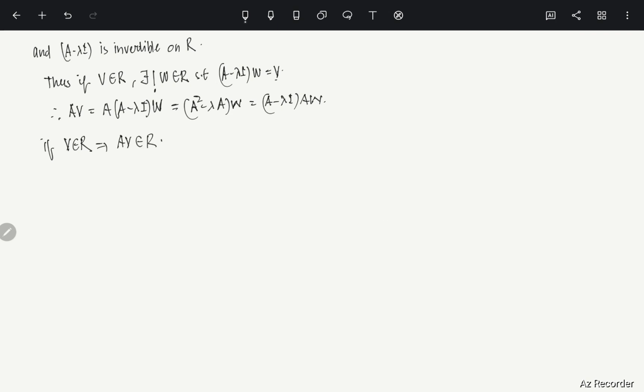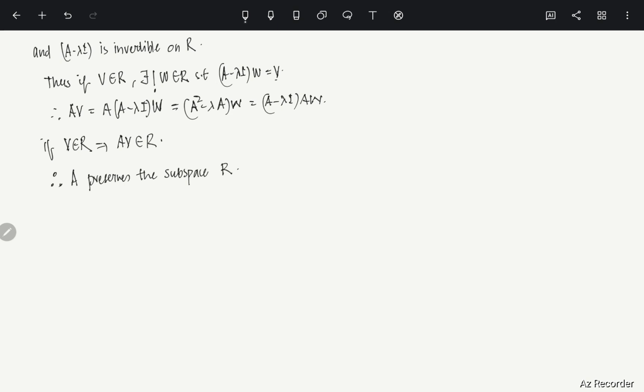That's what it is showing. See, if V is in the range, AV is also in the range, right? Okay. So, that implies that A preserves the subspace R.